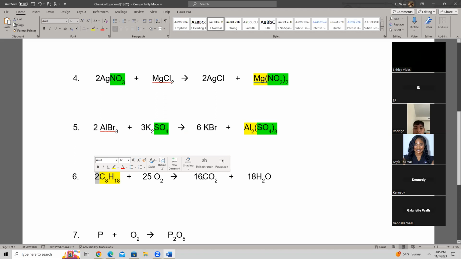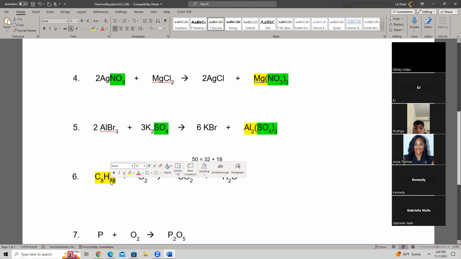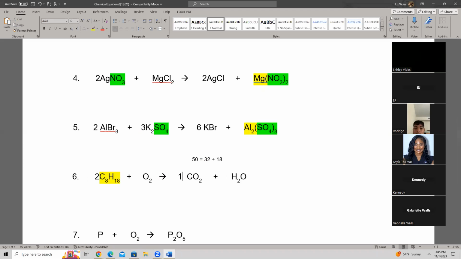So how do we do that? Okay, so let's start again, and let me show you how I would do this. I look at my hydrogen. I say, okay, that hydrogen divided by 2 is 9. Therefore, I need a 2 right here. That 2 made this 16.